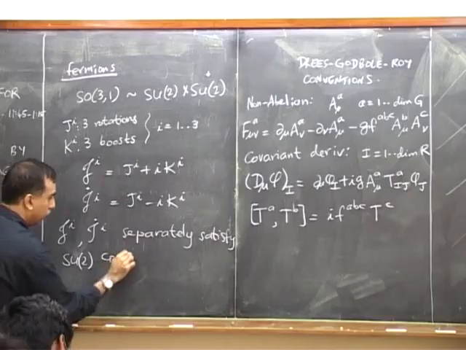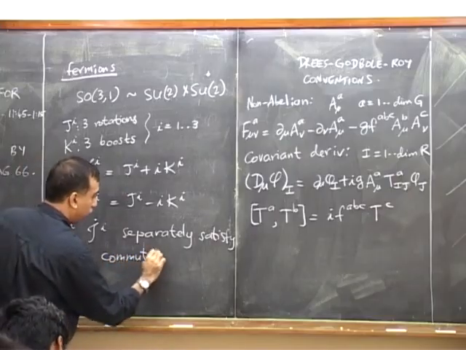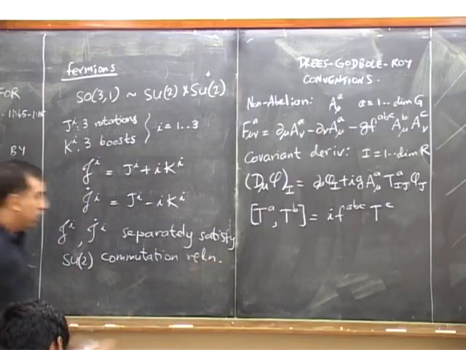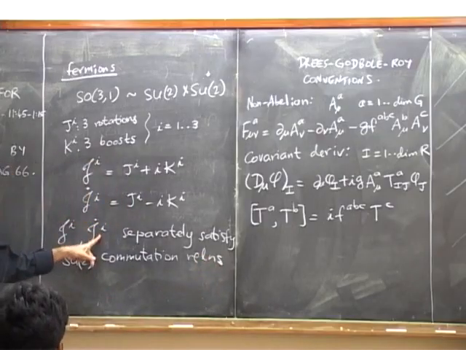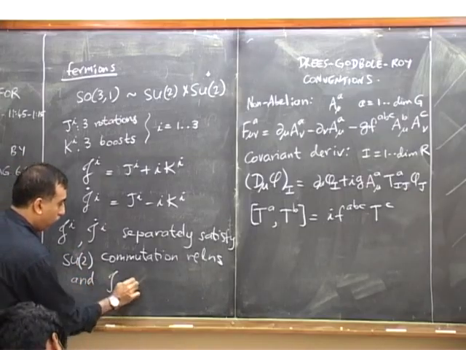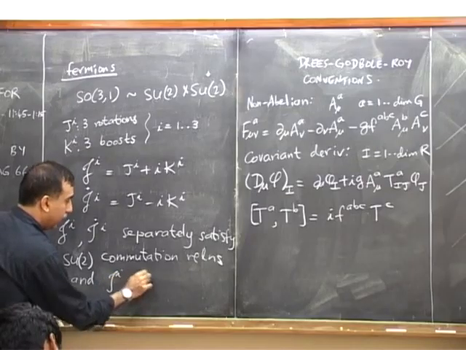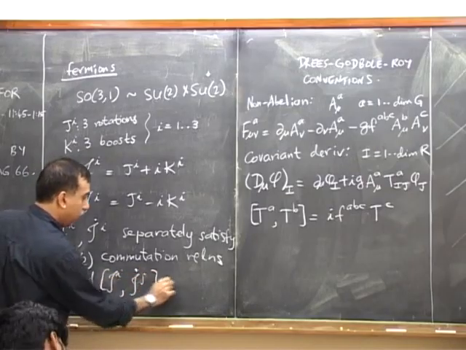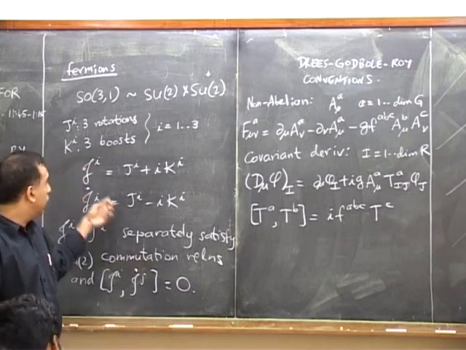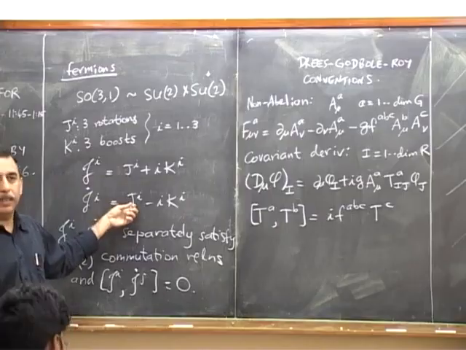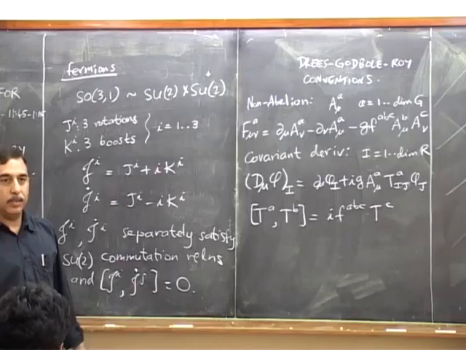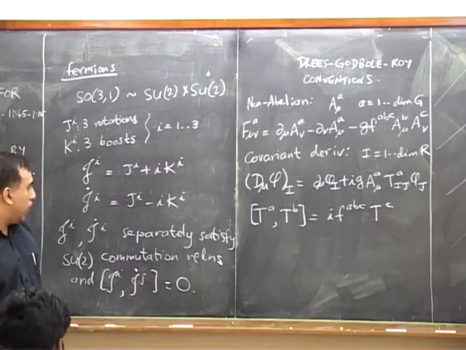And you should check this if you've never done it before. They separately satisfy SU(2) commutation relations, and also they commute with each other. So for any index i and j dot, this commutator is 0. What is involved in checking this is just plugging in this expression and using the known commutation relations of J and K from the Lorentz algebra. Okay, so there you have it.